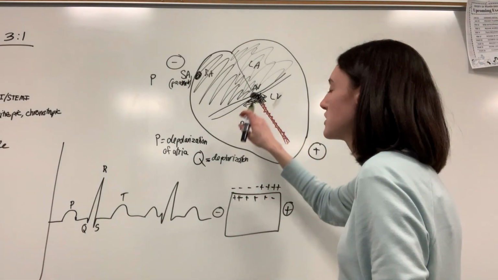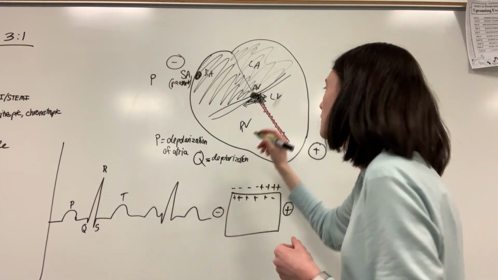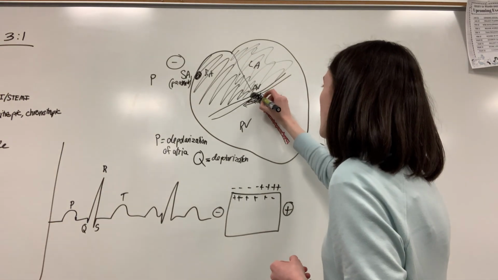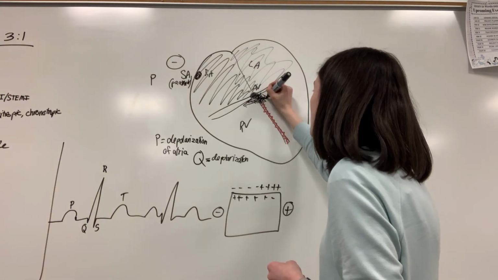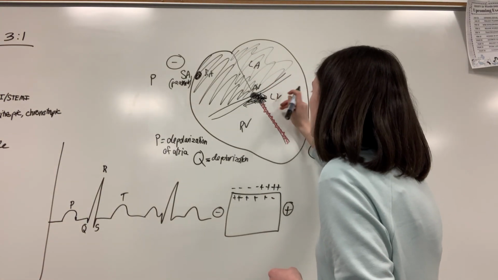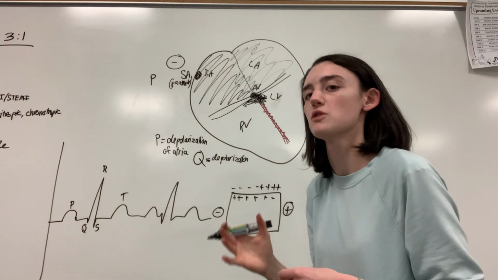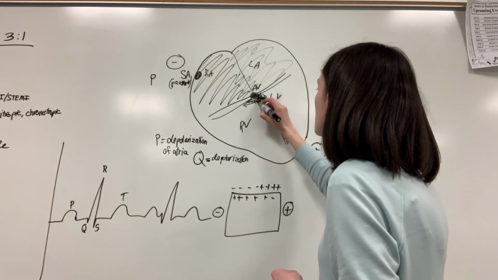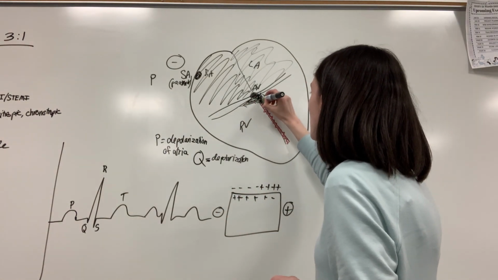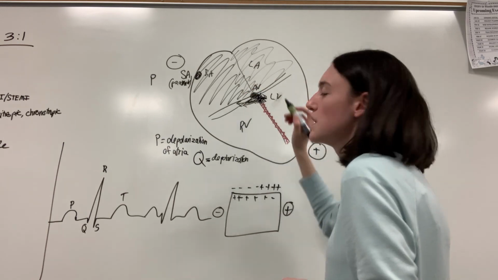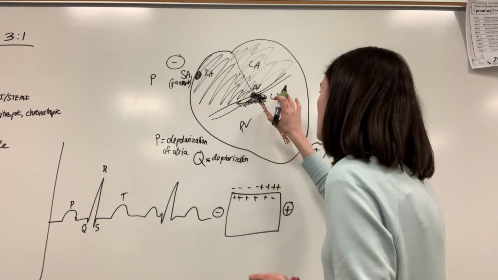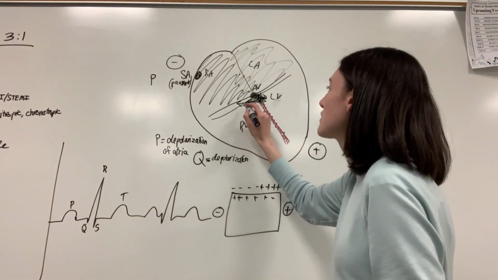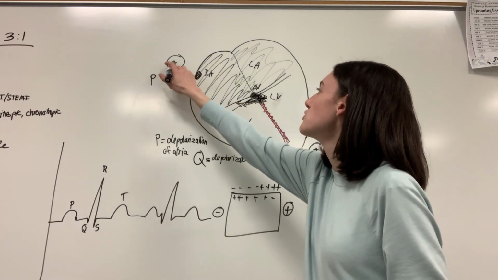So when this part gets depolarized, there's going to be negative charge on the outside of the ventricular septal cells. When we draw the vector, we say that we are going from a negative tail, from negative charges, and it's going to point towards this negative charge up here.